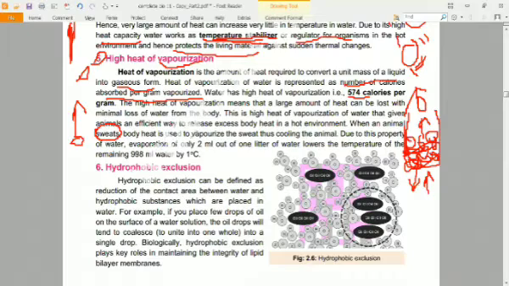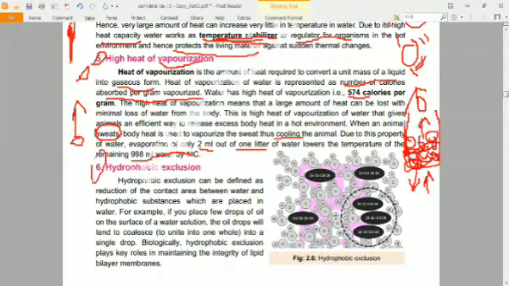The water left in our body gives a cooling effect to the body. So after sweating we feel a little bit cool, and that maintains the body temperature. It means that from 1 liter of water, if 2 ml gets evaporated, the remaining 998 ml of water gets cooled down. Its temperature is lowered by 1 degree Celsius.